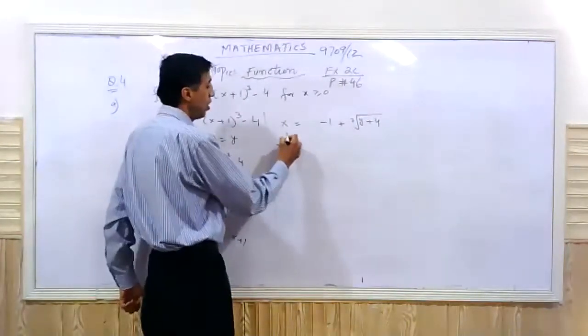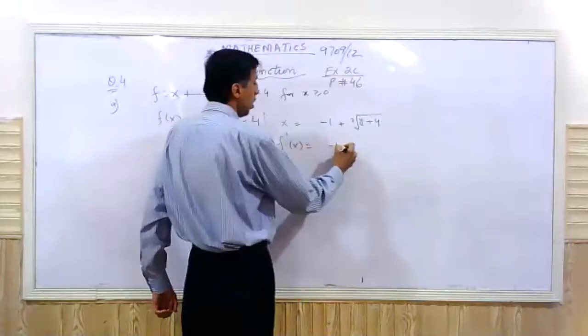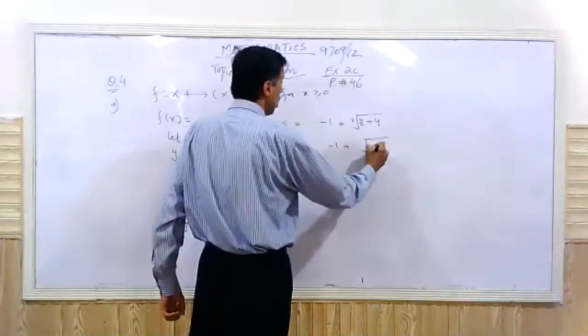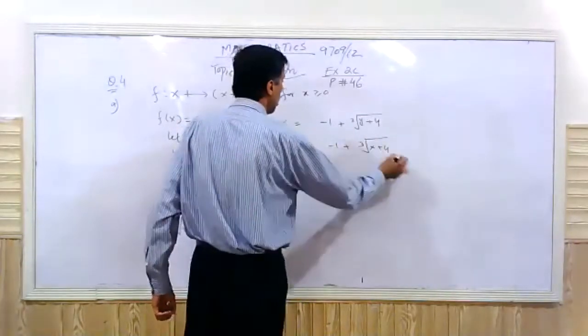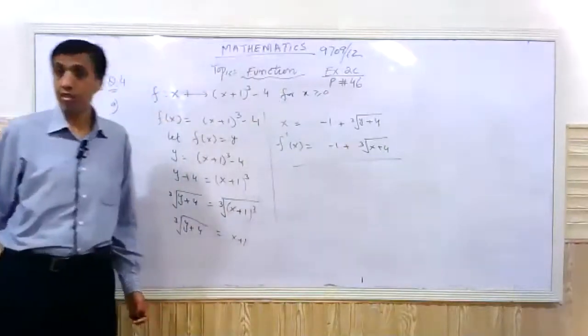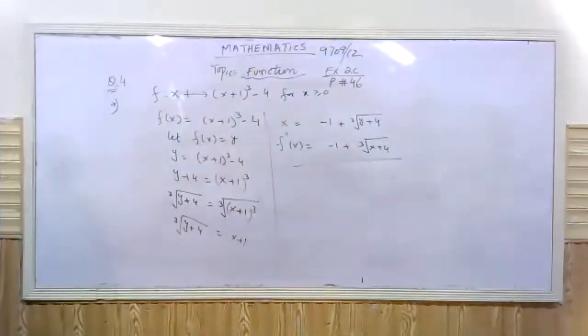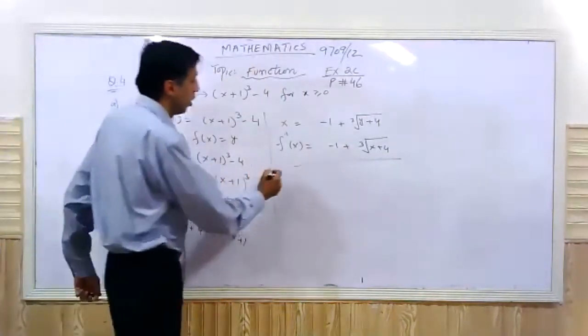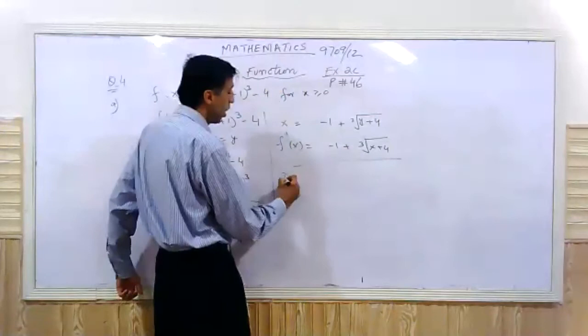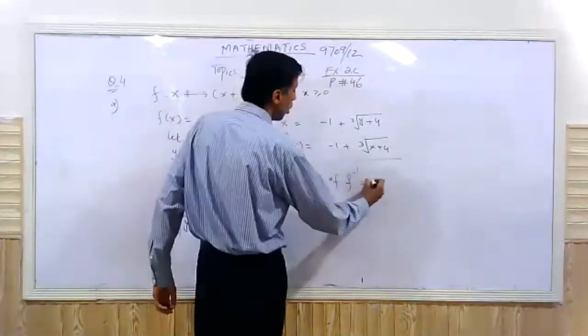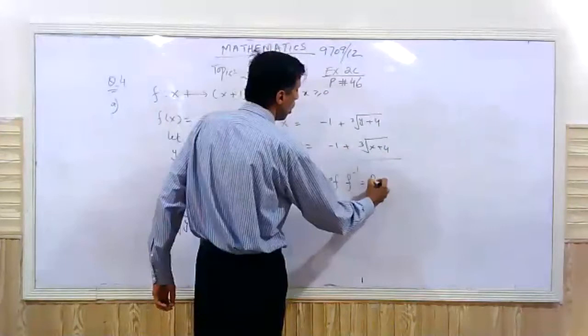Now we'll put the inverse. That is my inverse, x inverse. We have to find the range of this one. The domain of f inverse is equal to the range of f.